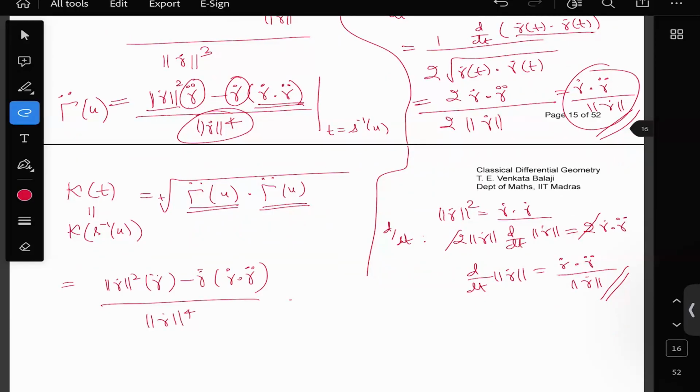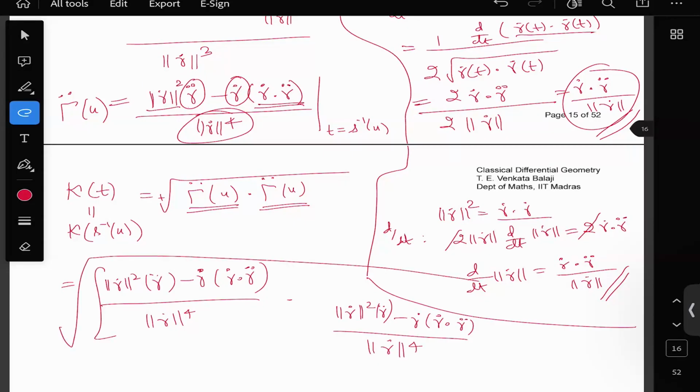I have to dot it with the same thing, you have to be careful writing these dots, minus this is only one dot, and I have to take the square root of this.